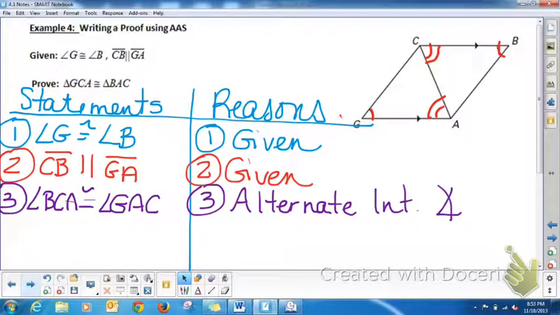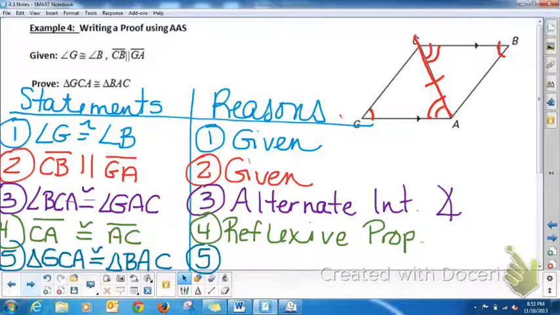And then lastly, because both of these triangles contain this side, we can prove that it's congruent to itself by reflexive property. So CA is congruent to AC using the reflexive property of congruence. And now we can prove these two triangles are congruent. Triangle GCA is congruent to triangle BAC because we have angle, angle, side. So using the angle, angle, side congruence theorem, we can prove these two triangles are congruent.